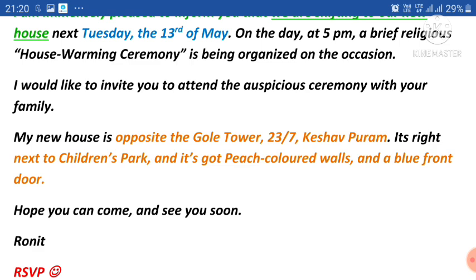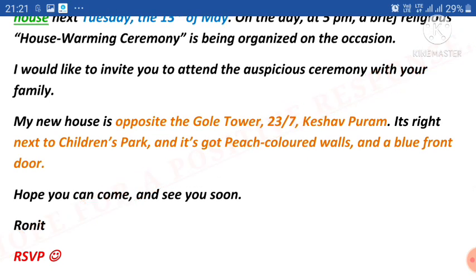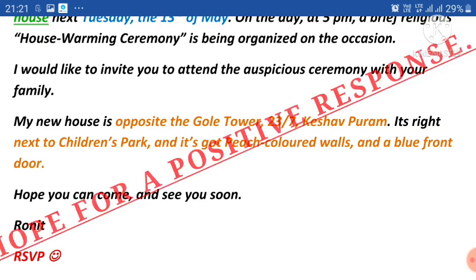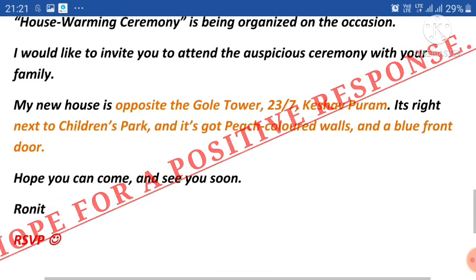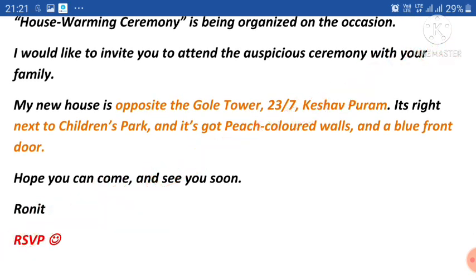You have to leave a line, and hope is a must here. Hope you can come. In all letters, let me remind you, it could be even the letter to editor or even business letters, all the letters or even formal letters, expectation or a hope of a positive response is a must at the very end of the letter.